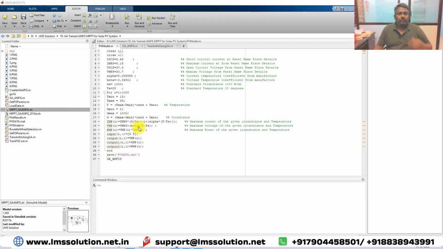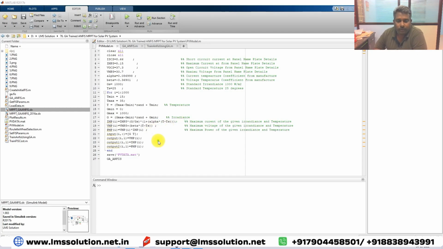Based upon that, you generate the temperature and the irradiation by using these two equations, and then this temperature and irradiation will be processed through calculating the maximum current, maximum voltage, and the maximum power.